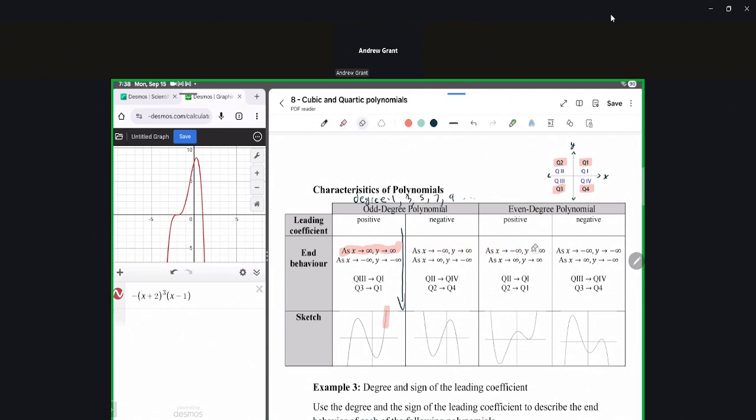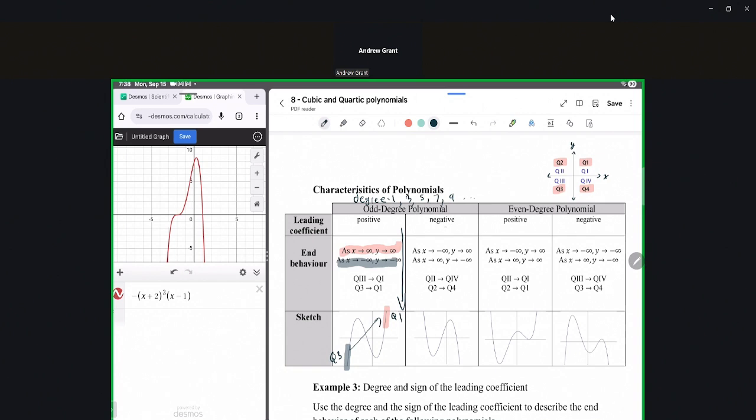Well, we'll just do one at a time. And as x approaches negative infinity, the function approaches negative infinity. And so that's quite a lot to take in. An easier way to think about this is that the function starts in quadrant 3 and ends in quadrant 1. So it goes this way.